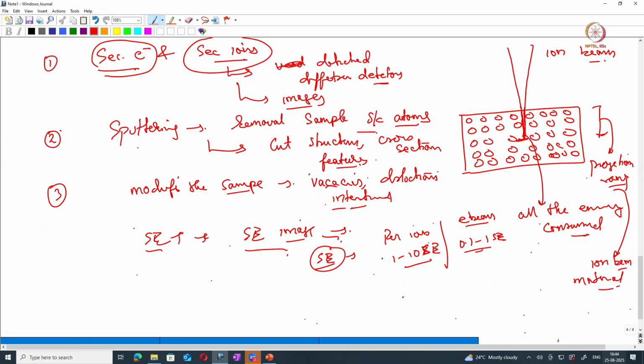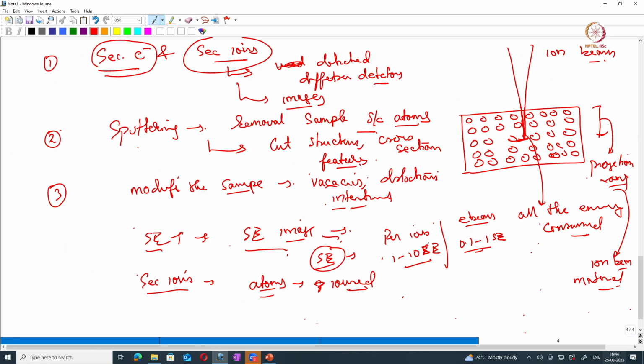Okay, next is the secondary ions. Secondary ions are produced due to the high energy collision of the ion beam. Okay, and the sample atoms get ionized or polarized on the surface.